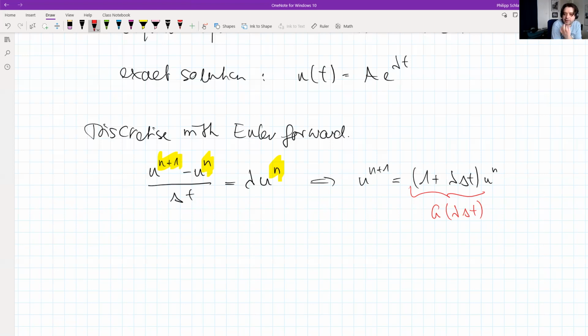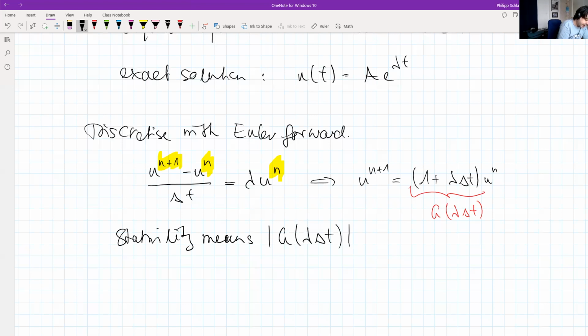So it's the same amplification factor also for the error, epsilon^n going to epsilon^(n+1). Therefore, stability means that the absolute value of this G of lambda delta t needs to be lower or equal 1, so that the solution does not grow from one time step to another.